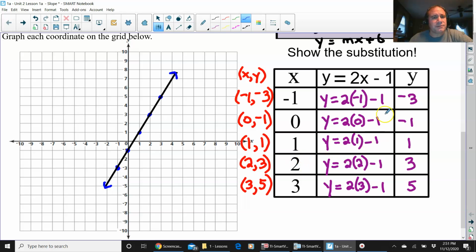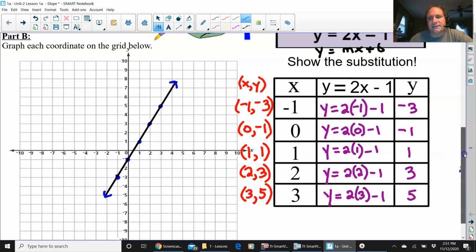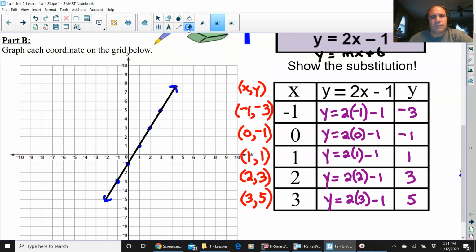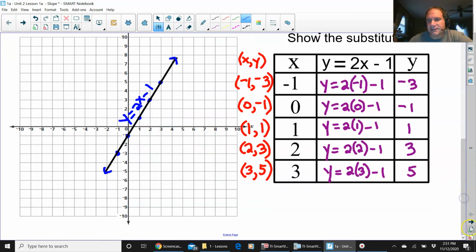You showed your substitution. You are finished. And the equation that is given right now is y equals 2x minus 1. That's what we're going to put directly on the line. That's the equation of that line. We're going to put it directly on the line, and we're going to move on to the next page.